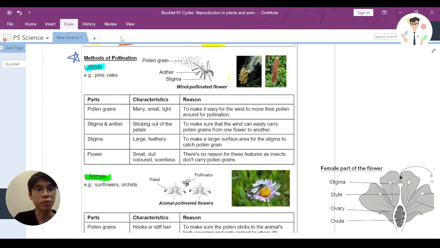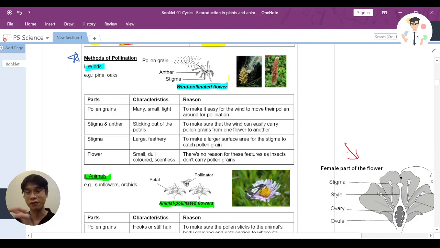Just to take a look here at the wind pollinated flower, this is how it looks, something like this. When it comes to the animal pollinated flower, it looks something like this. Now, if you still remember the diagram or picture that we saw in the previous video, this one, this is the flower that's animal pollinated.